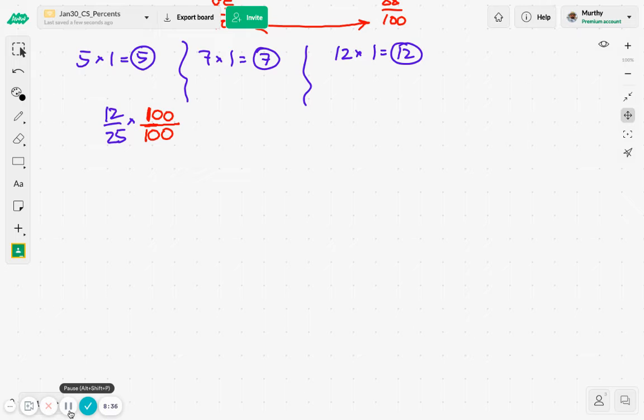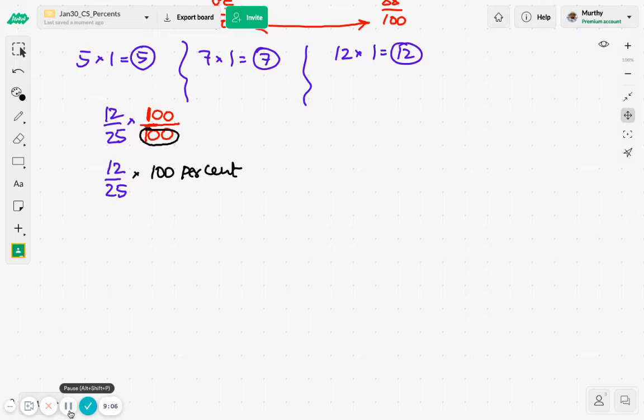Now, the same thing I am writing as 12, my bad, let me use the blue color again. So here, I take 12 over 25 and look at this part, 100 over 100. This is nothing but 100 percent, right?